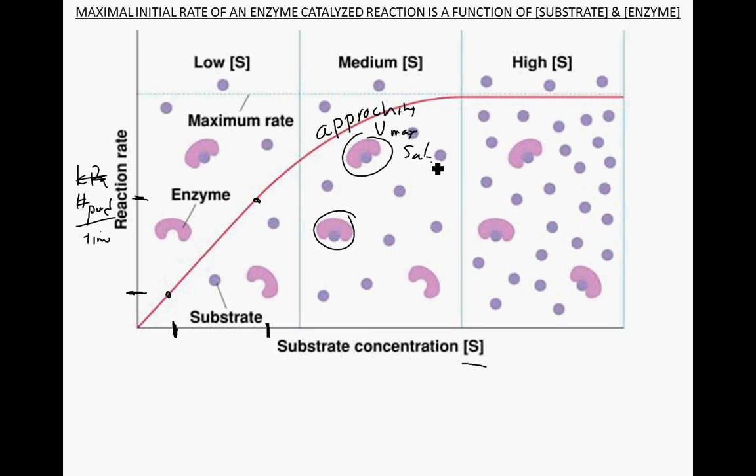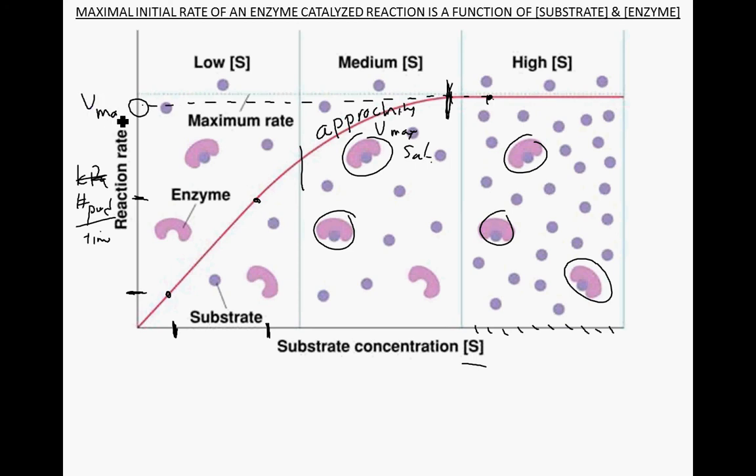And then once we're past this point of the graph, no matter how jacked up we have the substrate concentration, all these enzymes in the solution are saturated, and they're making as much product as they can per unit time. So if you bring this over here, you'd call this rate right here the Vmax.